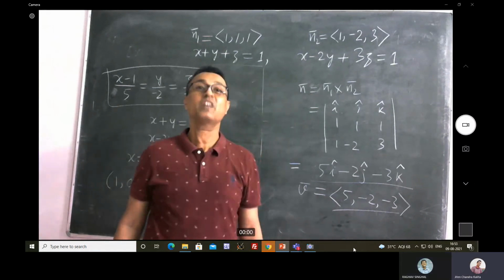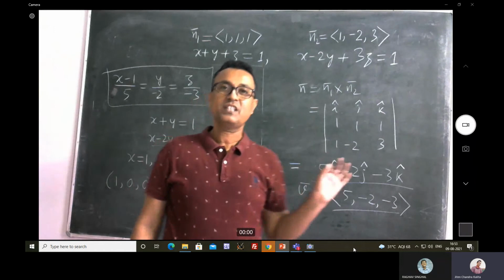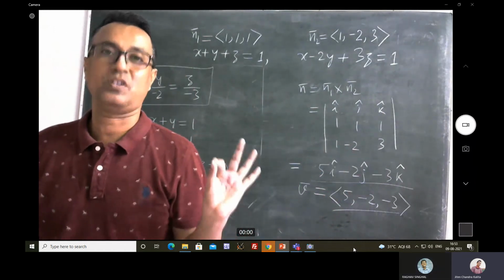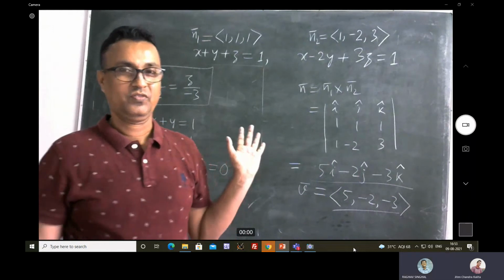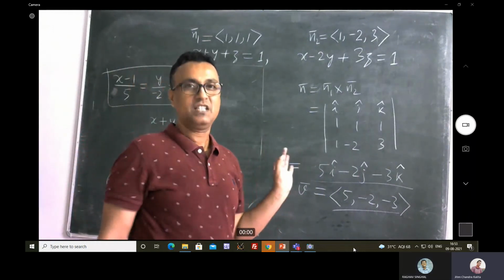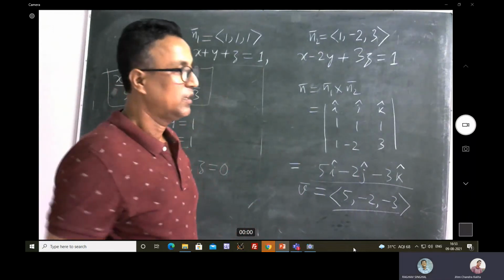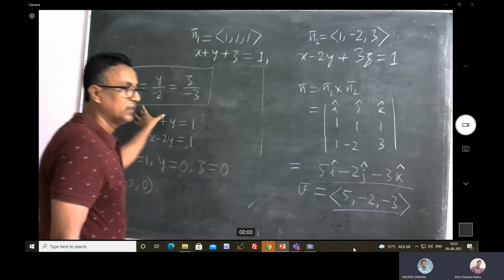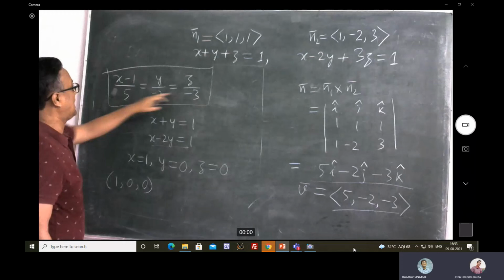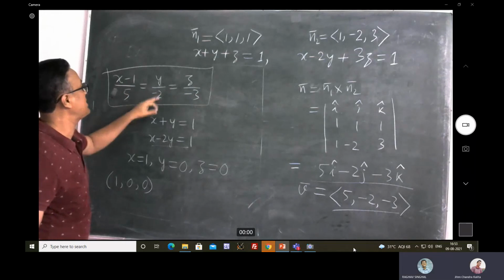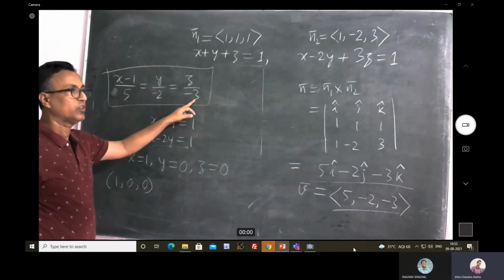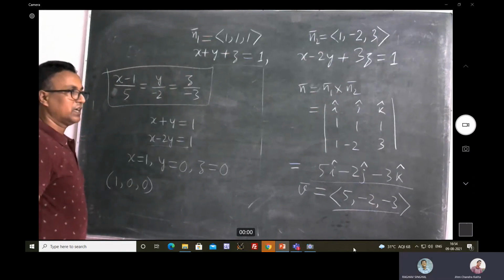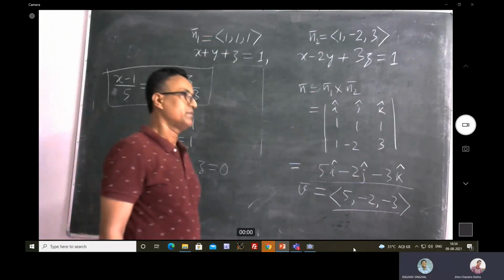It eliminates one variable, so that we can solve two unknowns from two equations. That is the idea. But remember, in that case, the values of A, B, C, the direction ratios, are going to be the same, but the numerators in the symmetric equation are going to be completely different.